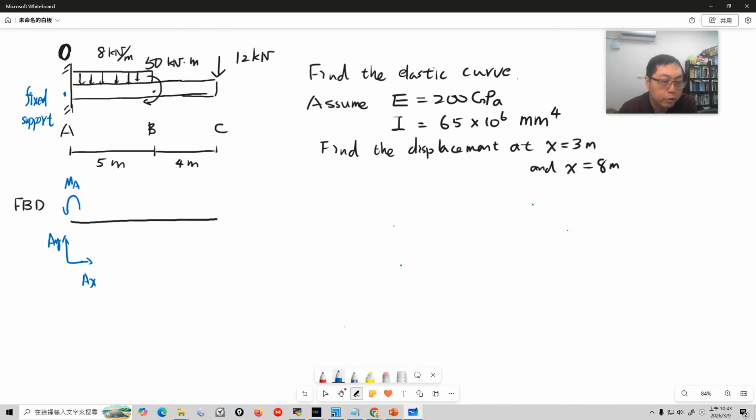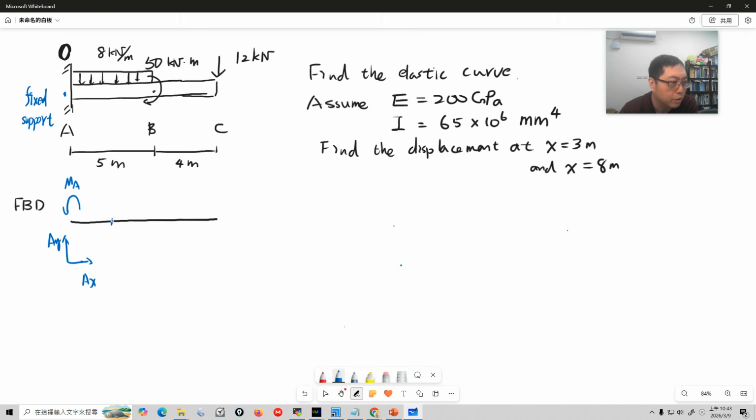When we do the rigid body equilibrium, we have to do some simplification of the force. Here is a uniform distributed load. What's the resultant force? The resultant force is the area under the curve, so it's 8 times 5, which is 40. And where's the position of the resultant force? Because this is rectangular, the center is here, at 2.5.